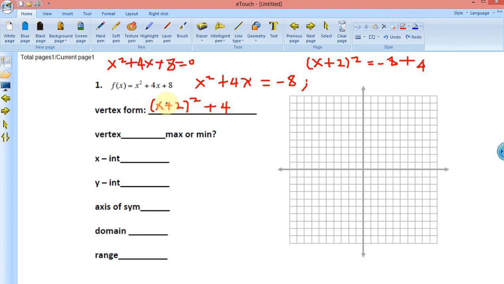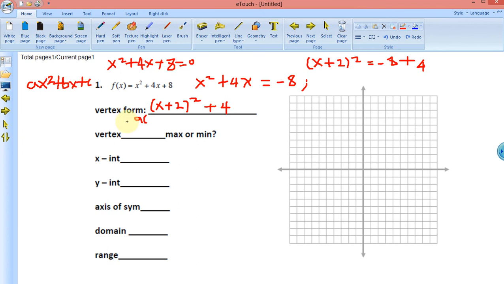Generally, the standard form is of this form. Let me just write it here because I'm going to compare. Generally, don't forget the quadratic general form too. This general form is ax squared plus bx plus c. That's the general quadratic form.